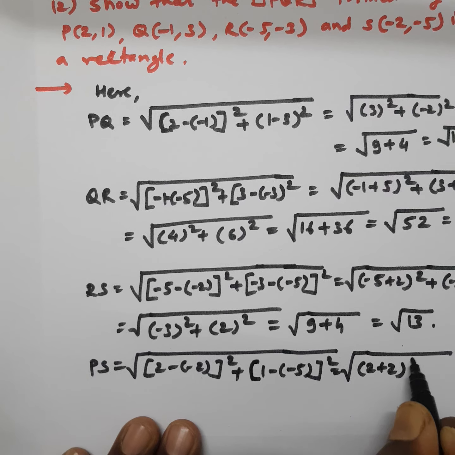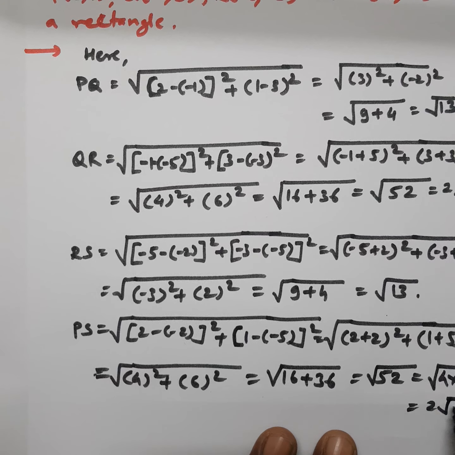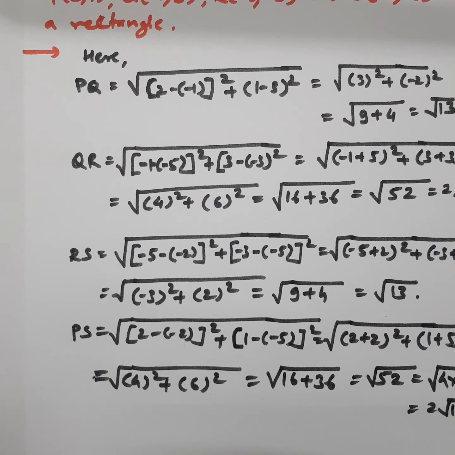Again the sum is 52 and the simplification of this third side will be 2 root 13, since 52 means 4 into 13.